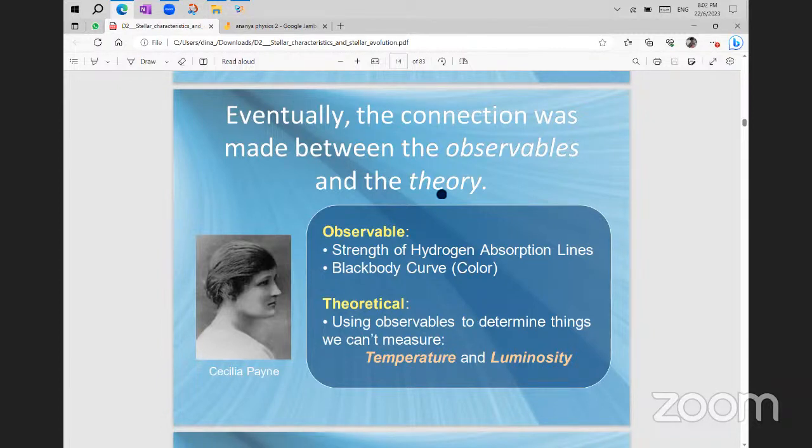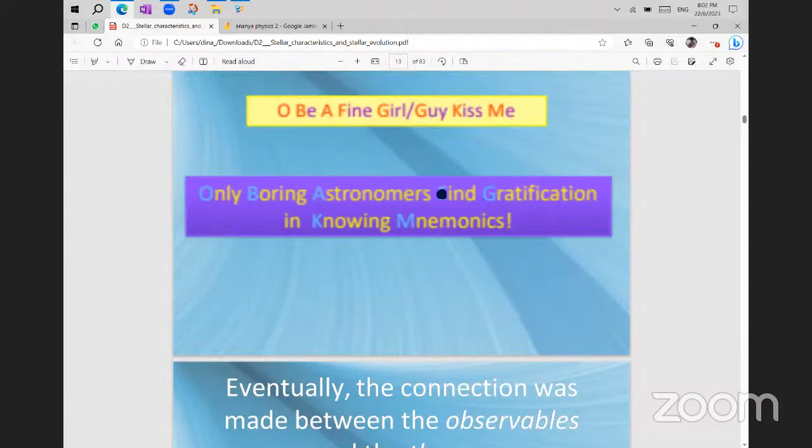Using observables to determine things we cannot measure. We cannot measure temperature directly. We cannot go there and stick in a thermometer. We cannot measure luminosity. Again, we cannot go there and see. Correct? So what do we do? We use the observables. Observable is what we can measure here. Black body curve is the spectrum I was telling you about.